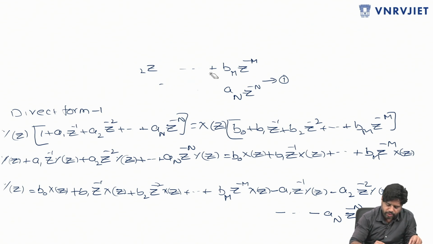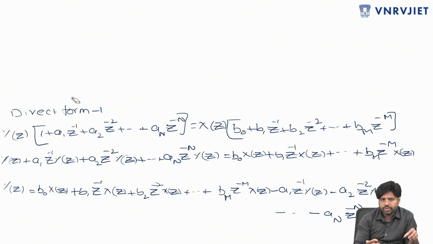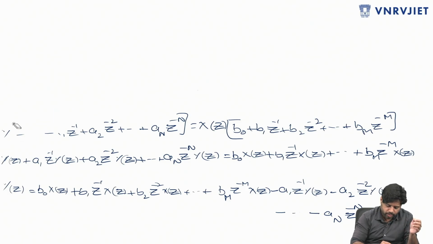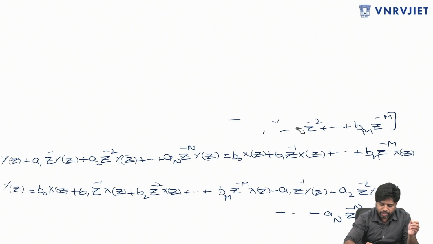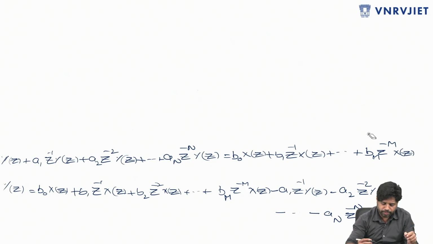Once we are thorough with direct form 1 realization, direct form 2 will be easy, and similarly you can easily construct the parallel form and cascade form also. So please all of you look at how I implement this direct form 1 equation in the block diagrammatic manner.